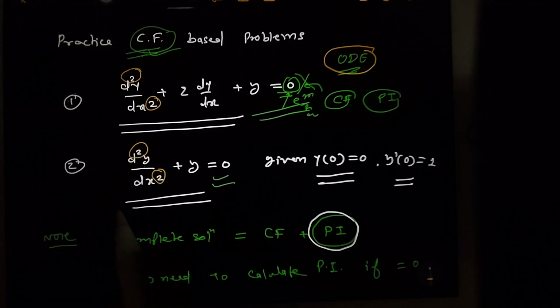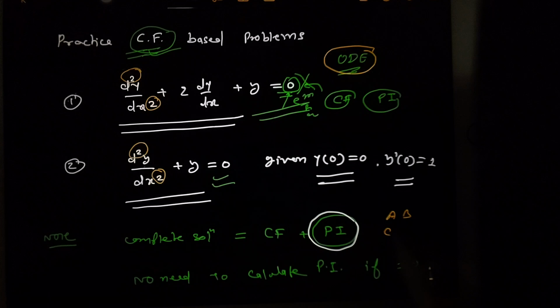So two constants will come in your solution. People can write A or B, or C1, C2, or other students, other universities, whatever constants they use. Okay. So these two constants will be there in your final solution.